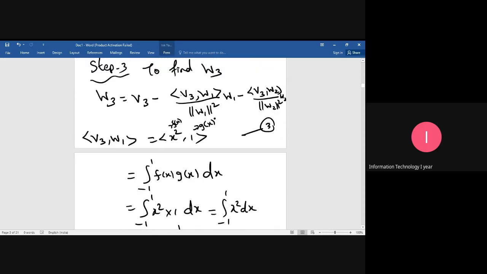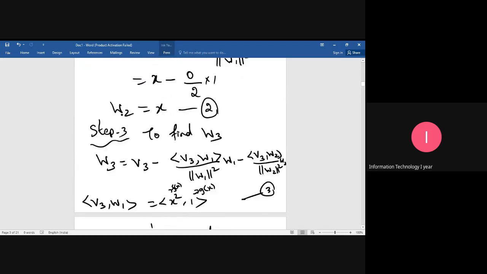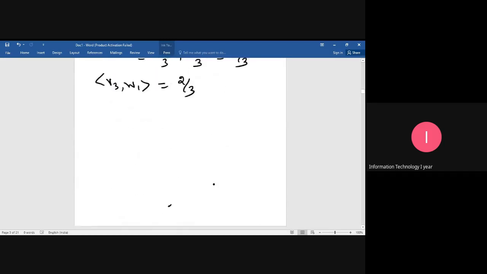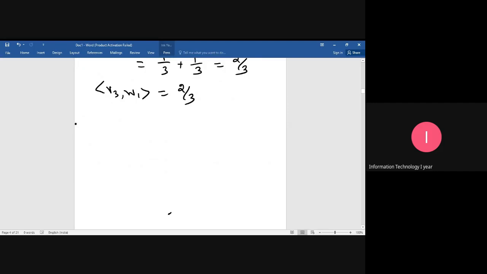Then norm W1 square is already found, it is 2. Then we calculate the inner product of V3 comma W2, where W2 is x. Here V3 is x square and W2 is x, so the inner product of x square comma x.